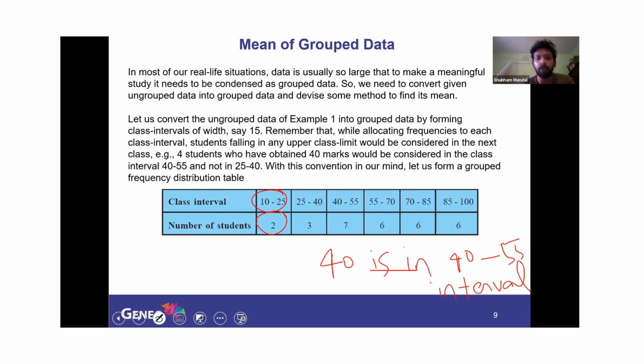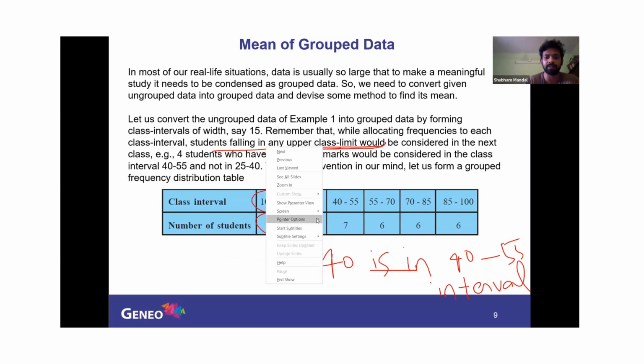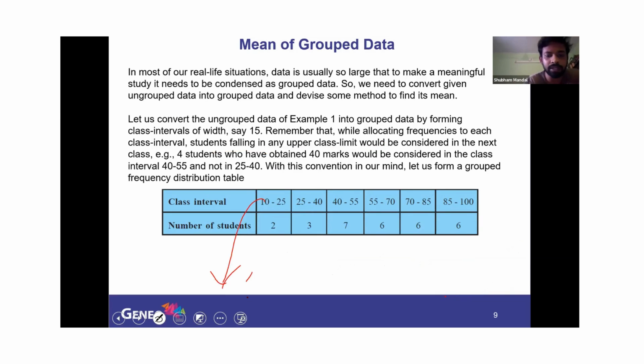You don't consider the upper limit of the class. Students falling on any upper class limit are considered in the next class. The upper class limit is the bigger number, and this is the lower class limit.